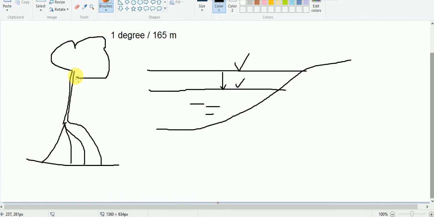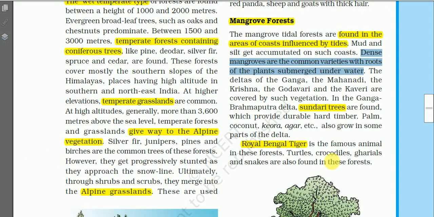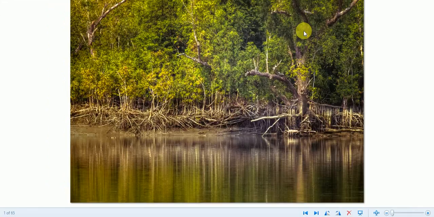This is the crown and this is the trunk, and when there is high tide it may cover up to here. Here we have a photograph showing this mangrove forest in West Bengal, in the Sundarban area. You may see roots of the trees exposed. So this is known as mangrove forest.